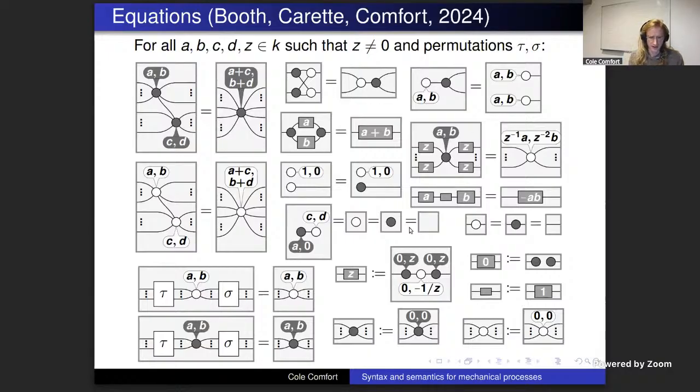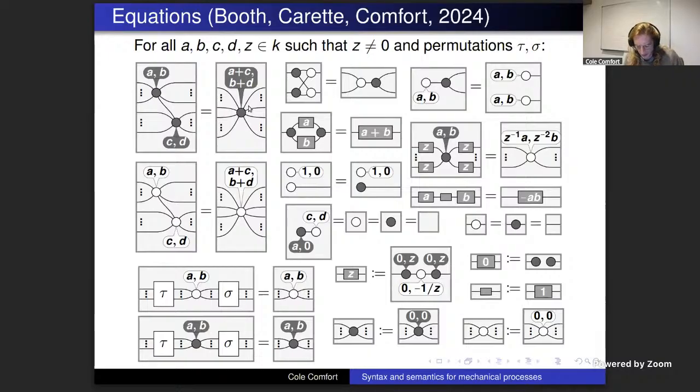And then this box without a label is the symplectic Fourier transform. This allows you to relate position and momentum together. And you can derive it basically in terms of three shears, because the Fourier transform in a sense is a rotation. So you can derive it from these other generators.